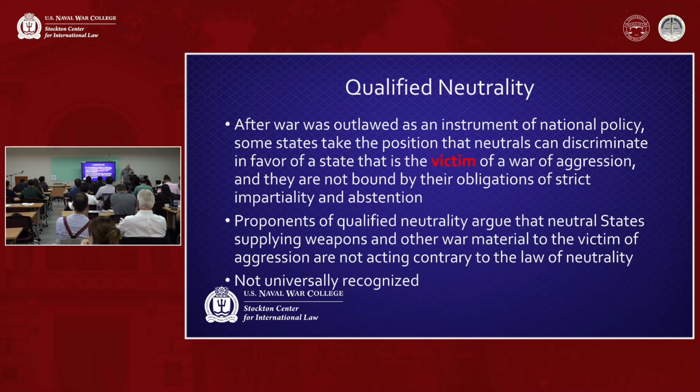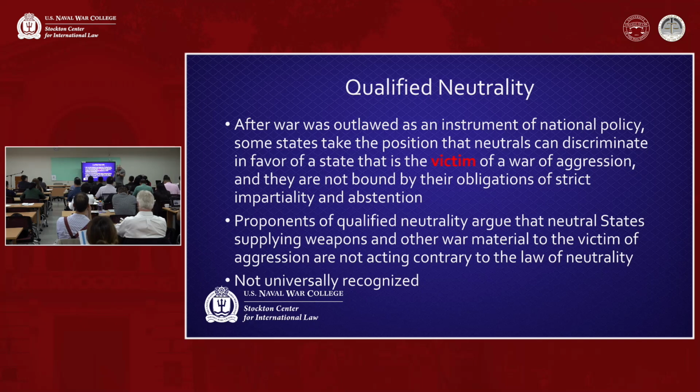So let's say in the case of the Ukraine-Russia conflict, everyone would agree that Russia was the aggressor in that conflict. Therefore, states would say, because Ukraine is the victim of aggression, we are going to be able to provide that state with war supplies, for example. And even though that violates the obligation of strict impartiality and abstention under the traditional law of neutrality, that's okay.